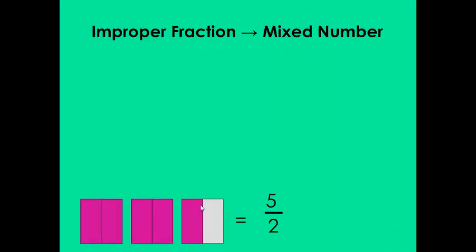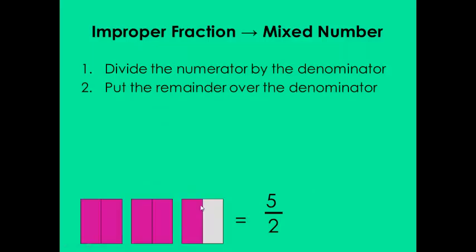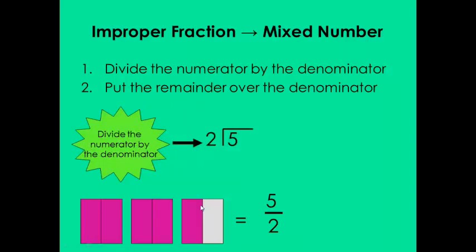First, I'm going to read you the steps again, and then we'll do examples. Number 1 is divide the numerator by the denominator. Put the remainder over the current denominator. So let's try it.